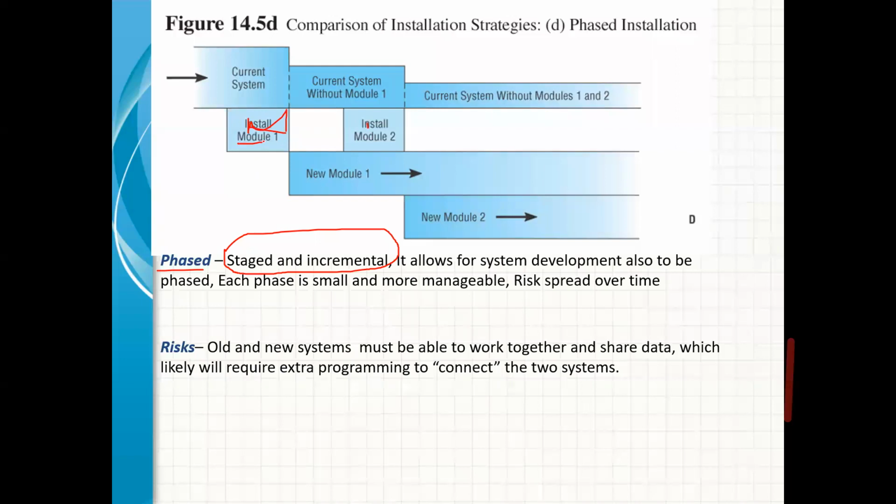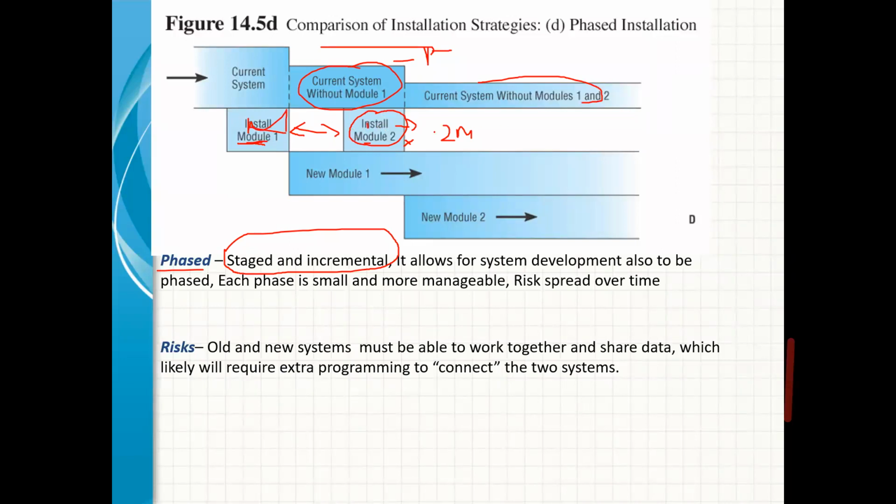The company will use the older system without the payment module, and for the new system they only use the payment module. Then here again, for the new system you introduce the second module, which means the new system will have 2 modules up to this point. The company will use the new system for module 1 and module 2, and continue using the old system without those 2 modules.